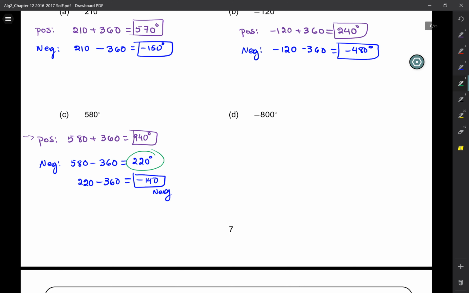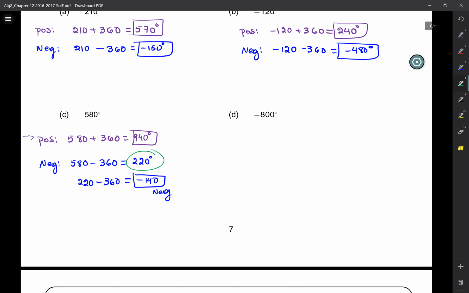So I could have skipped the first line completely, started with the 580, subtract 360, because on my way to the negative coterminal angle, I came across another positive coterminal angle. That's my positive, and then I go one more time and I get a negative.